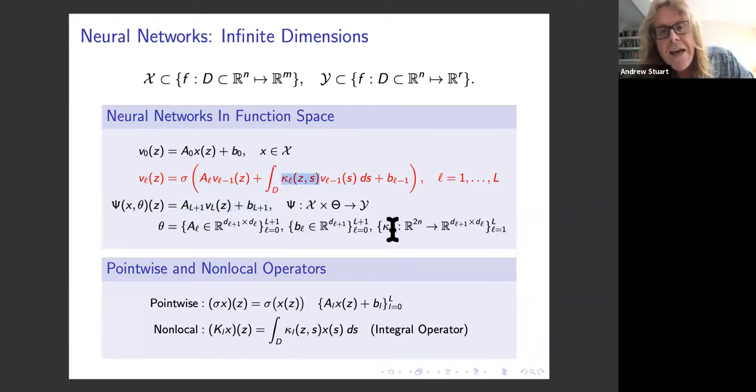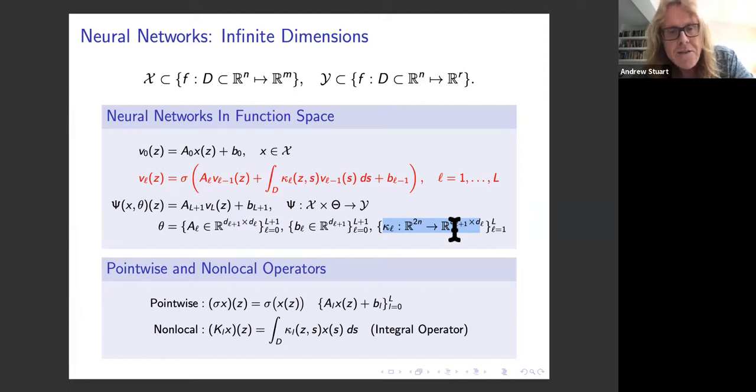So kappa_l is itself now a function that maps R^{2n}, because it has two variables in the input space, into matrices. And this we also parameterize as a neural network. So this is a finite dimensional function, so we can parameterize it as a finite dimensional neural network.